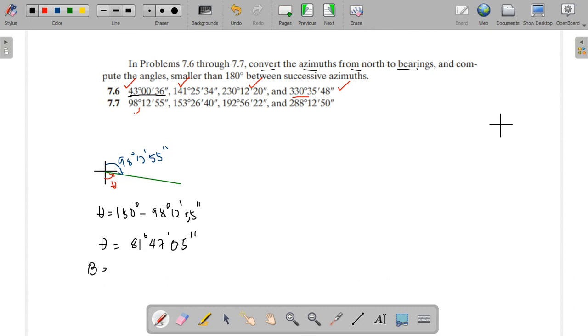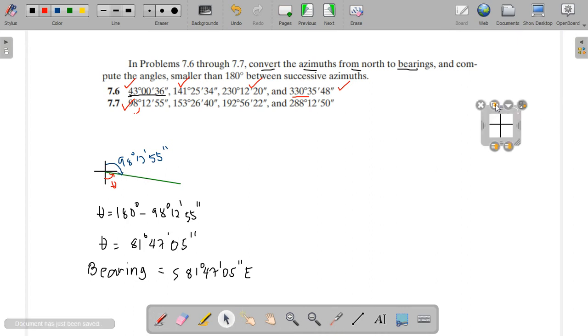Or the bearing line is equal to south 81 degrees 47 minutes and 05 seconds east. Okay, so we're done with number 1 of 7.7. Then we go to 7.7 number 2.